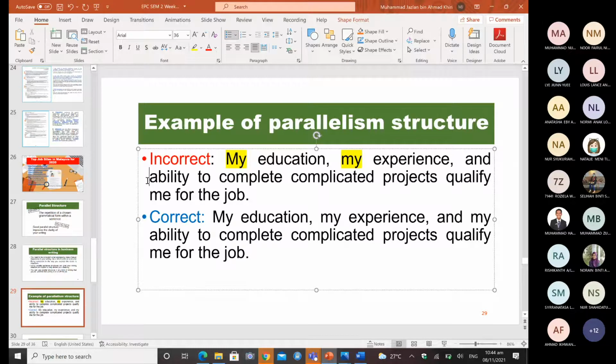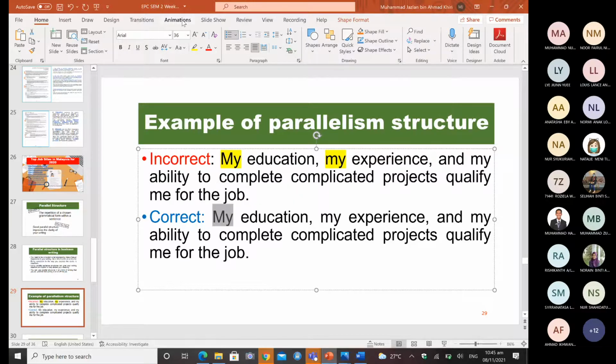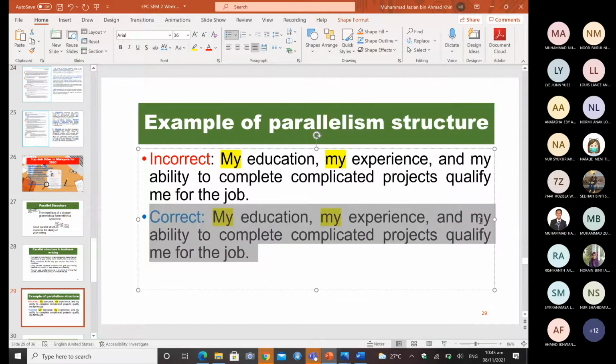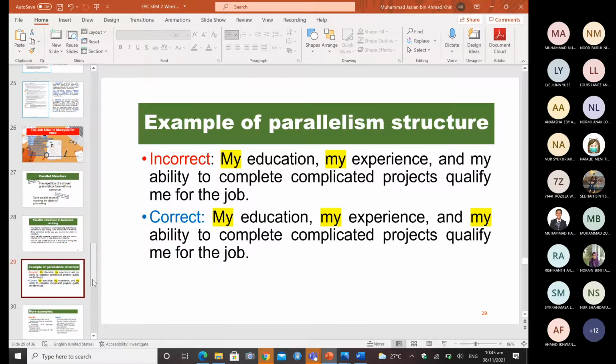The author of the incorrect sentence forgot to include one more "my." That's why in the correct version, you see that the word "my" is repeated multiple times within the sentence. This is just the basic idea on parallelism in writing.